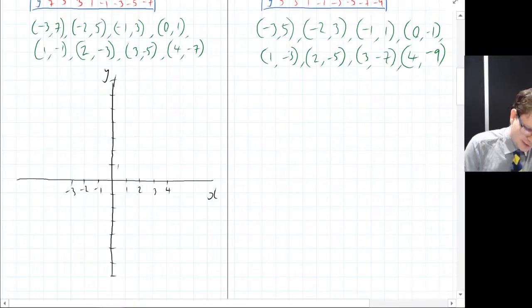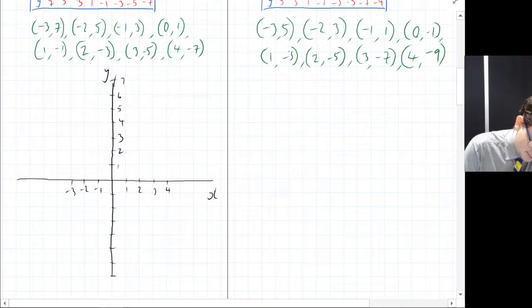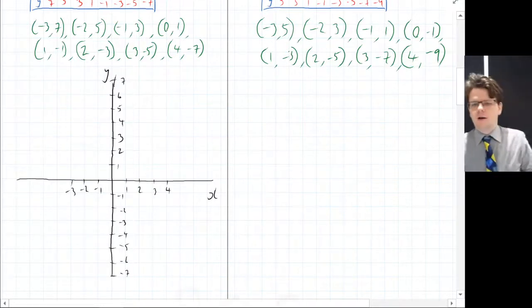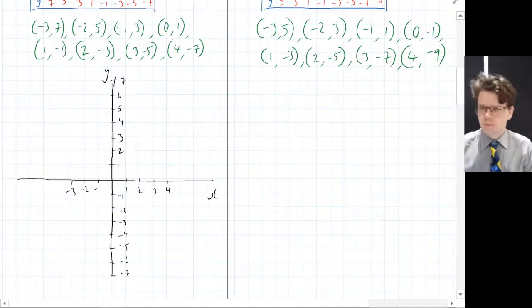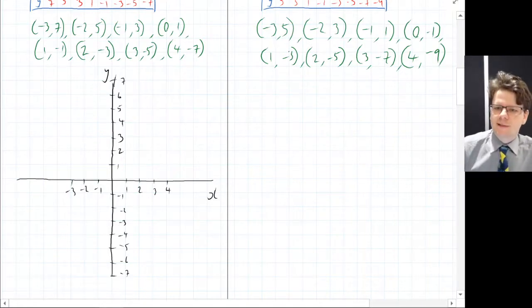Okay, so it just works for me. Cool. Alrighty, so I've labelled up my axes. Pause the video. Make sure you've labelled up your axes as well. They're going to be a little bit different because you're going to get all the way down to negative 9. But it'll look pretty similar. Alrighty, pause the video. Have a go yourself.